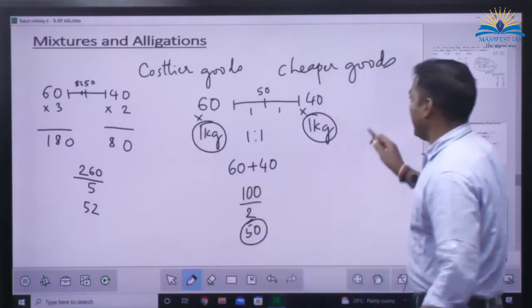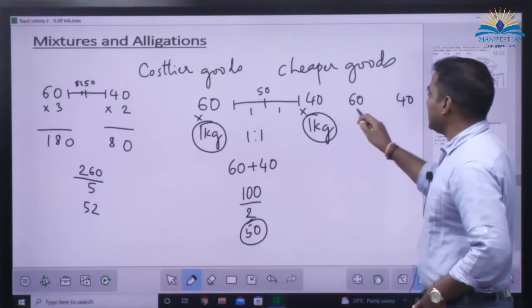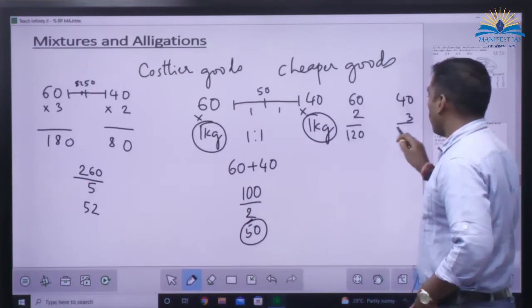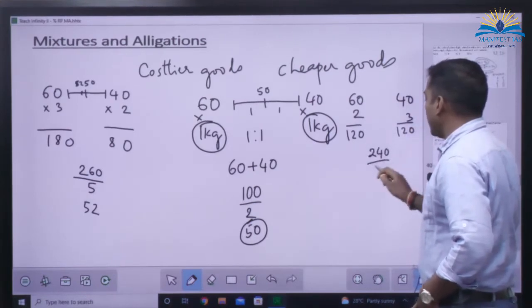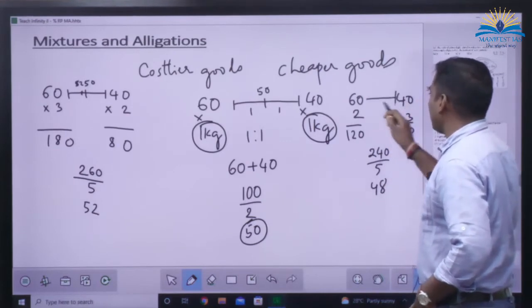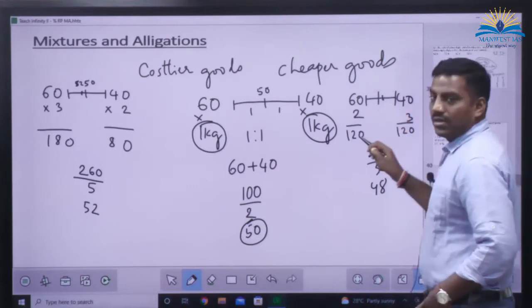Similarly here, 60 and 40, I'll take 2 kgs of this, so this will be 120, and 3 kgs of this, 120. So totally 240 divided by 5. How much will it be? 48. If you take the middle of these two, 50 is here, so 48 will come here.